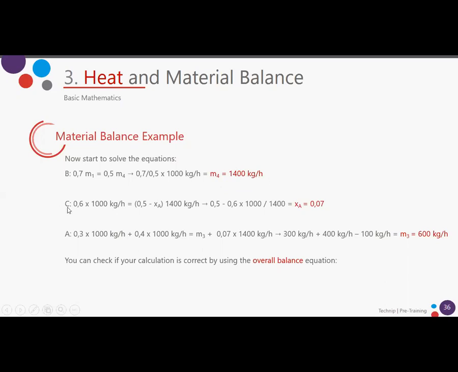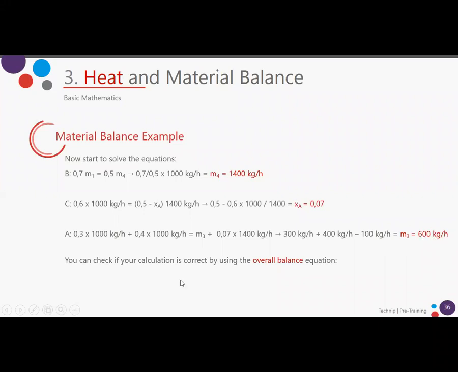Then we look at the equation for component C and can solve for the mass fraction of A, so XA is equal to 0.07. And then at the end, we just have the last one to solve, which is for component A. And we will get a mass for stream 3 of 600 kilograms per hour.